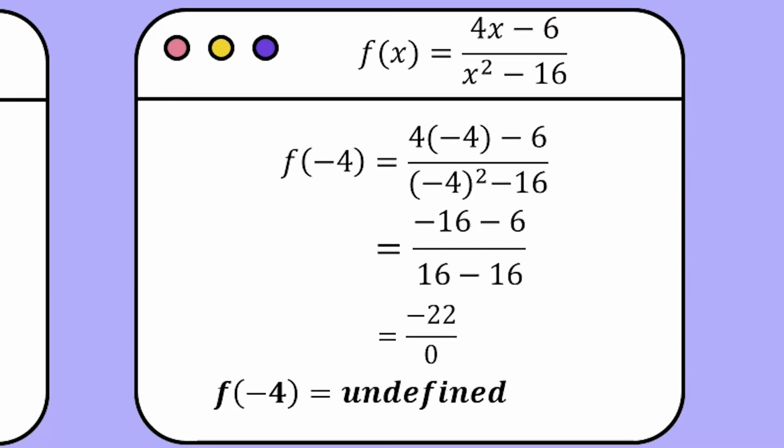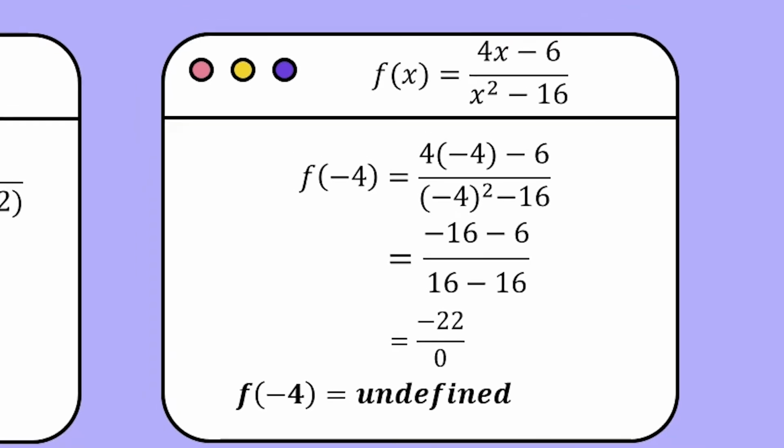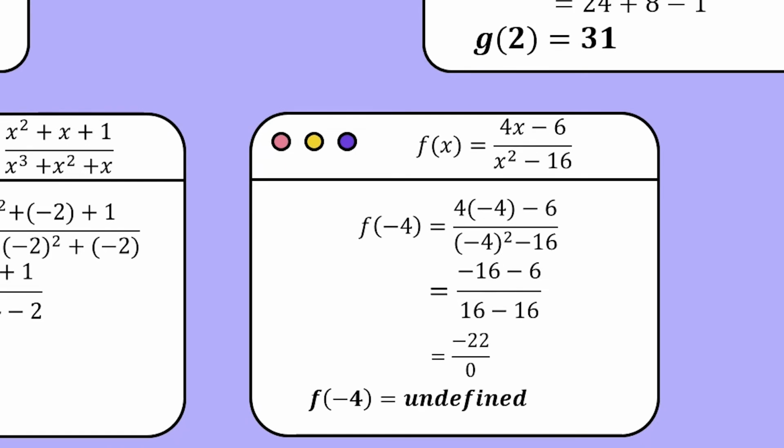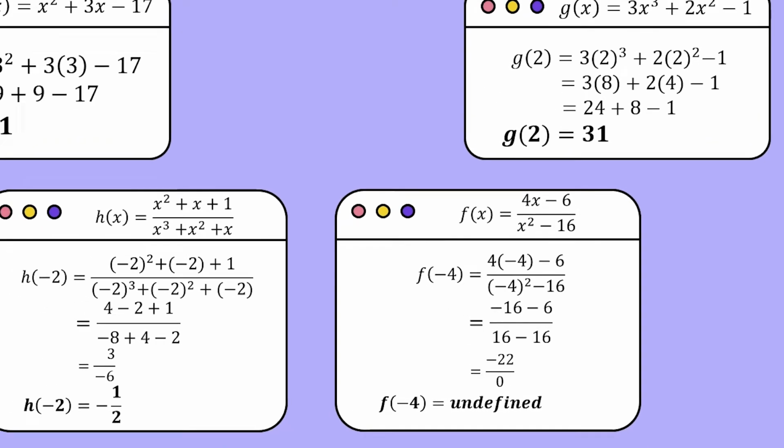F of negative 4 is equal to negative 16 minus 6 divided by 16 minus 16. F of negative 4 is equal to negative 22 divided by 0. F of negative 4 is equal to undefined. Note, any number divided by 0 is undefined.